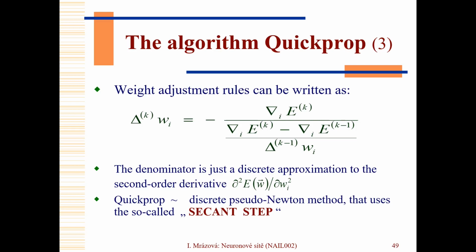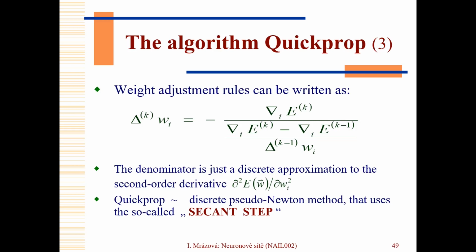So we have seen that the denominator of the formula is just a discrete approximation to the second order derivatives in the formula on slide 45: the second order derivative of capital E at W by the derivative of Wi to the square.